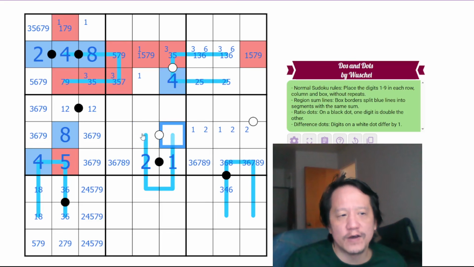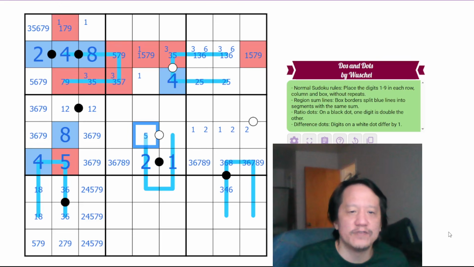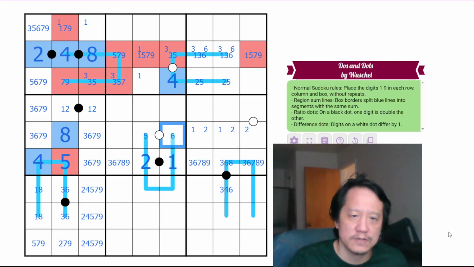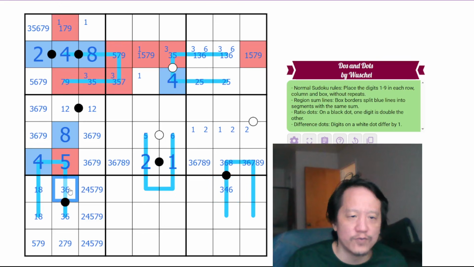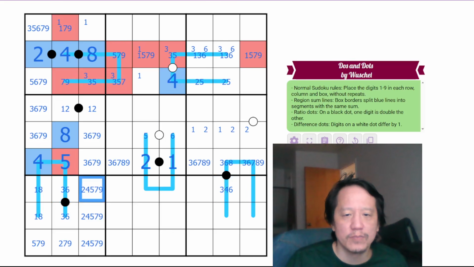So 4 and 5, it could be 5 and 6. But that would again force this problem of 3 and 4 here, which would eliminate all but one possibility for both of these cells, which means you would have a repeat there. So that doesn't work, and therefore it has to be 6 and 7 as a possibility.